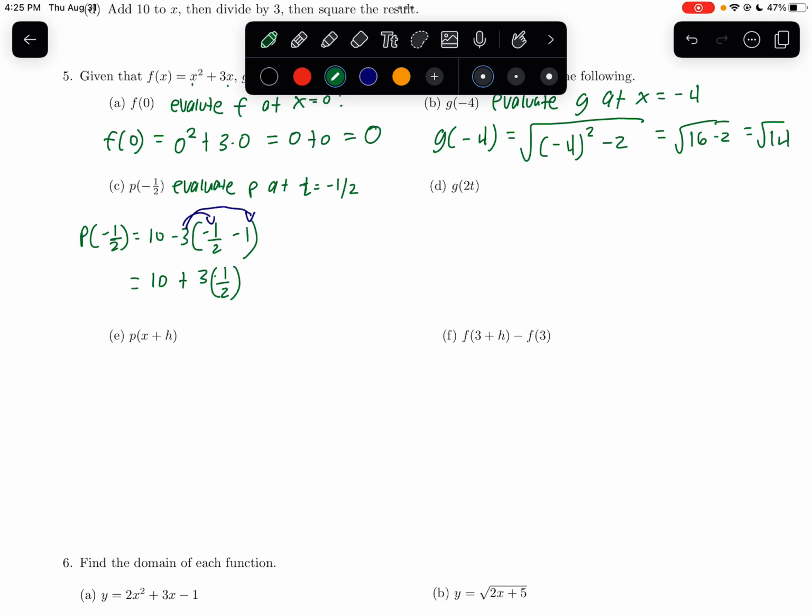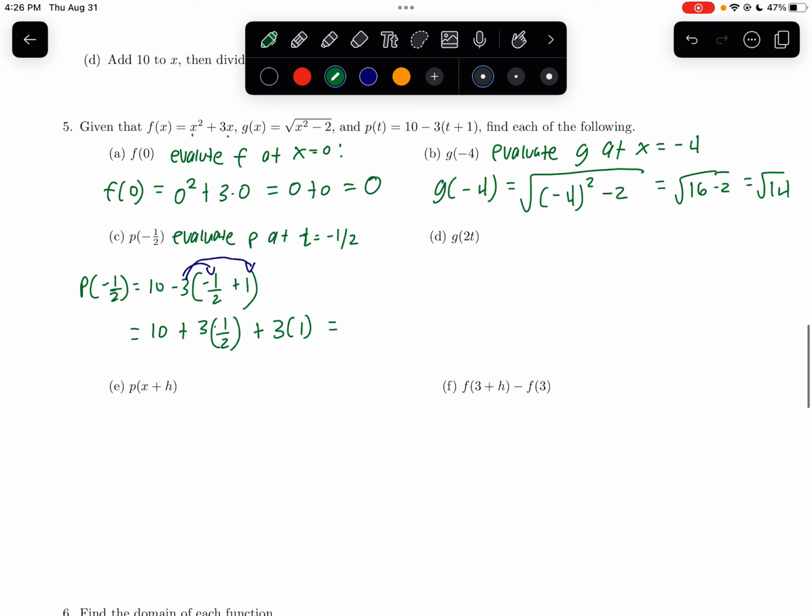Remember, because if you have two negatives, it becomes a positive. And then the same thing, 3 times 1. So you have 10 plus 3 over 2 plus 3. Oops, I'm sorry, this should be plus 1. So this would be minus 3, not plus. Minus 3. And that would give you 8.5.